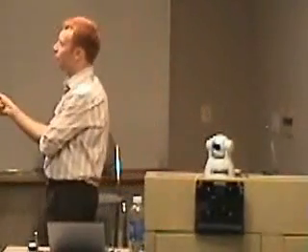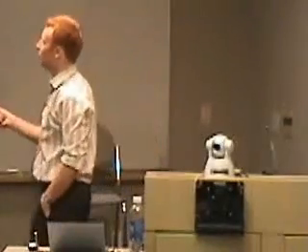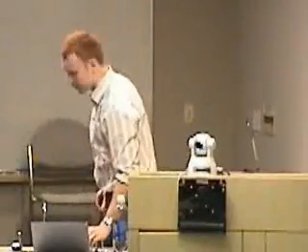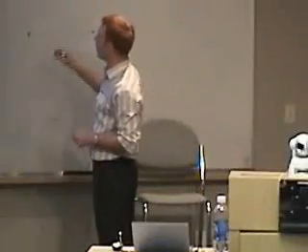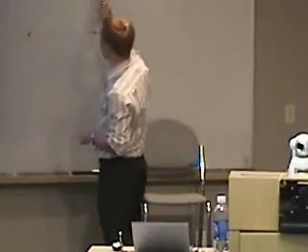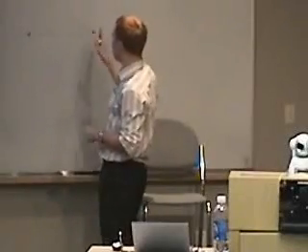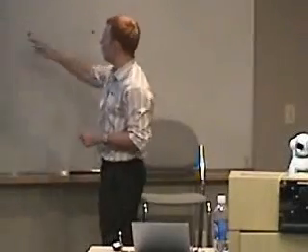So we have three candidate models that are based on WPQ, where you have your document model, which takes each document, a path model that takes each path, and what we call here an ostensive model. What this looks like very quickly is you've got a path going from start to end here, and you apply a scoring function that looks something like that, which basically says this information here is of more use than that information there.